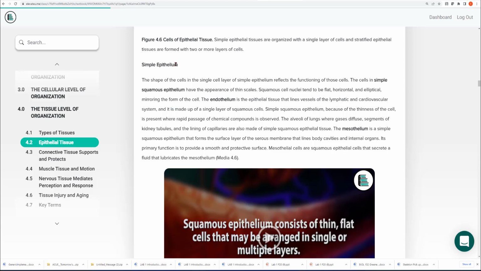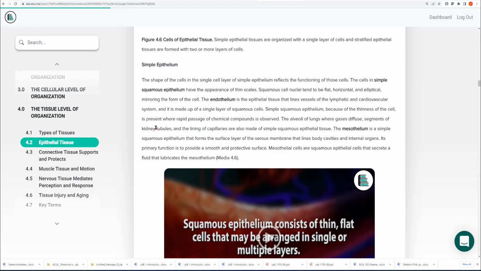So simple epithelia, as a general rule, are one layer of cells, and these tissues are very thin, and they make for an important divider, but simple epithelia also allow molecules to move across. So what do we find in our lungs, down in the alveoli where gas exchange happens, right? That's where we find simple squamous.